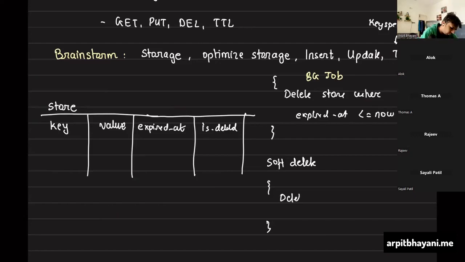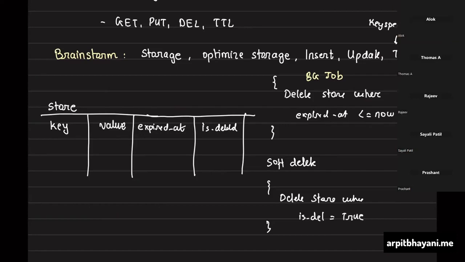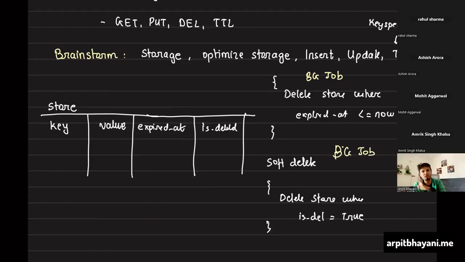That would do delete from store where is deleted equal to true. So now you have two background jobs. One that deletes the expired entries, another one that deletes the soft deleted ones.